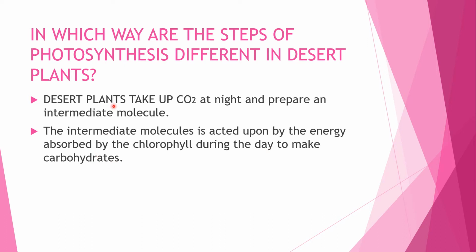So the steps are followed one after another but not immediately. A few steps take place at night and the other steps take place during the day, and this is possible only in desert plants where the stomata are open only at night, not in the morning.